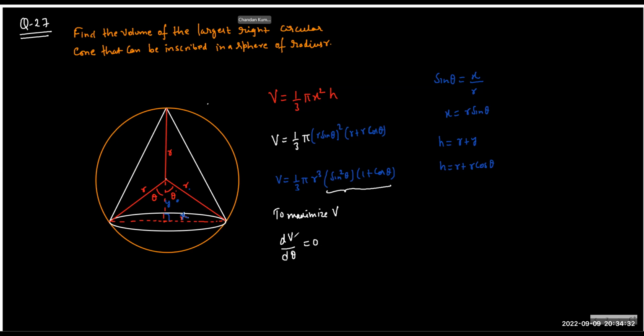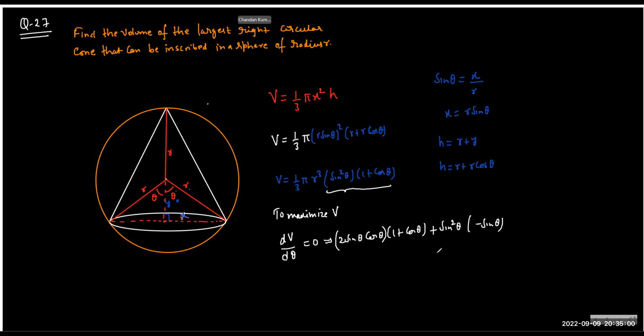So it is 2 sine theta cos theta into 1 plus cos theta. That's the first part. Right? The first part plus sine square theta into minus sine theta, right?